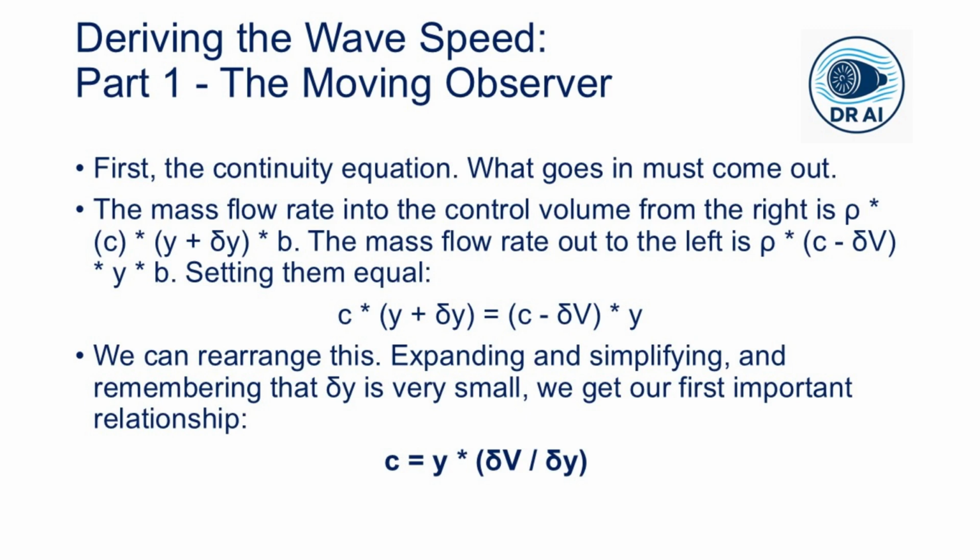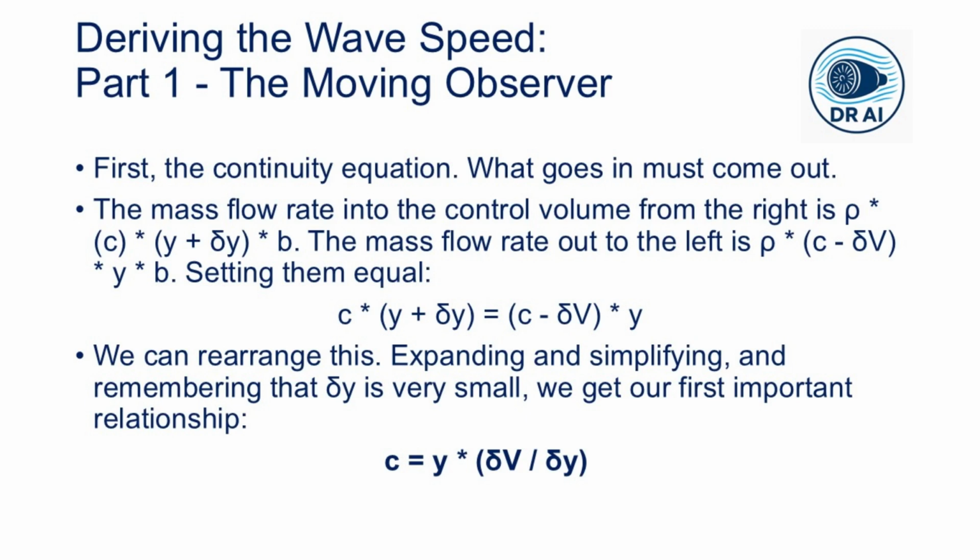The mass flow rate into the control volume from the right is rho times c times y plus delta y times the width b. The mass flow rate out to the left is rho times c minus delta V times y times the width b.